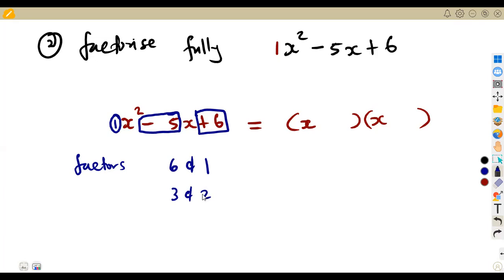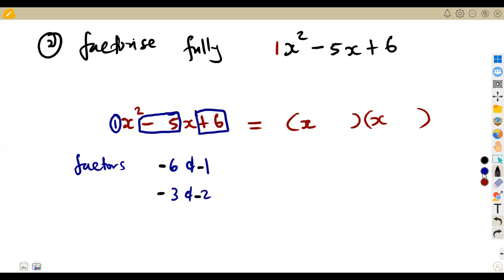Just change these and put a negative. Remember that a negative times a negative gives us a positive. If this was a -6, it means one of the numbers has to be positive and the other negative. But here we are working with a +6, so all of the numbers should be negative so that the product is going to be positive.